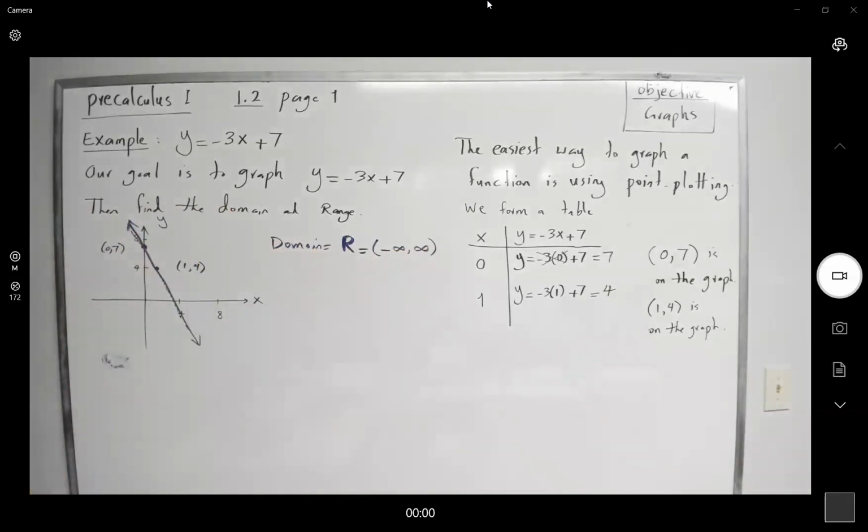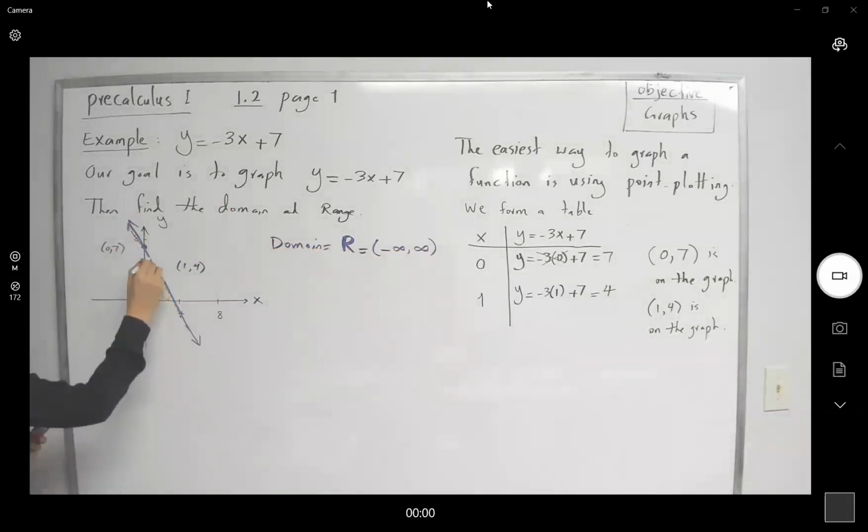So you can just use the shading method as well. For your domain, you can take this graph and look at the shade of the graph on the x-axis. Here, from the graph to the x-axis, all values on the x-axis are taken. They are part of the domain.